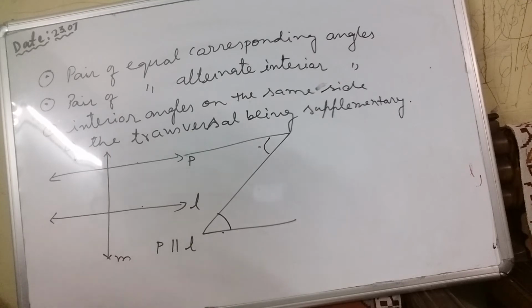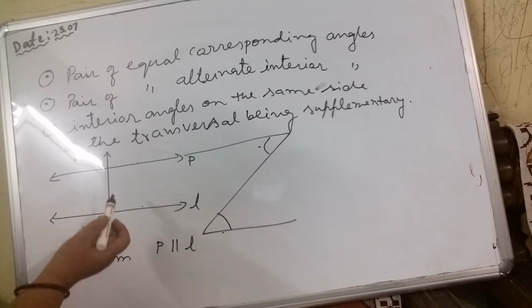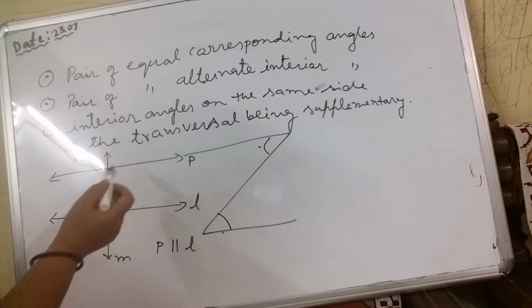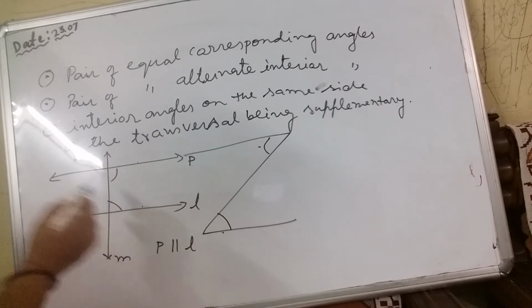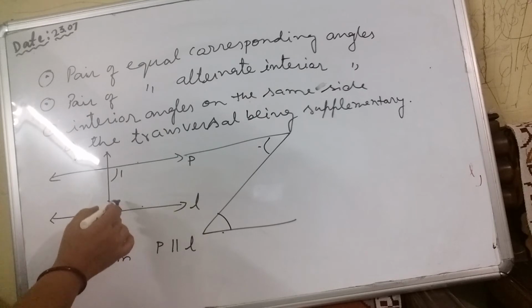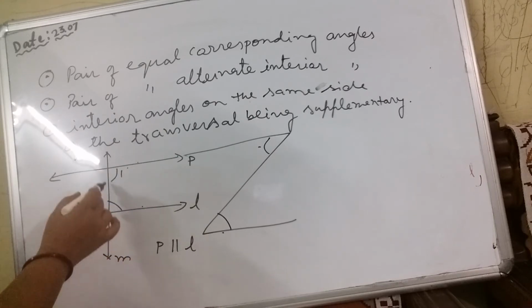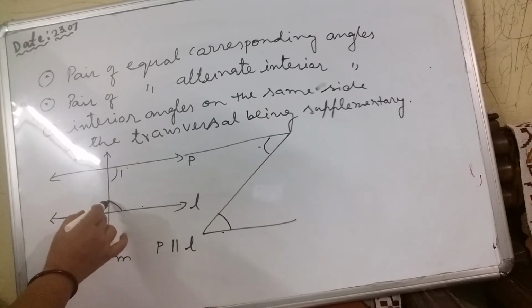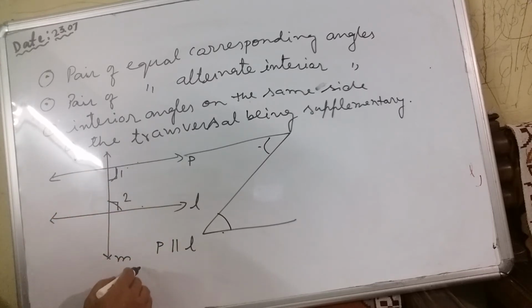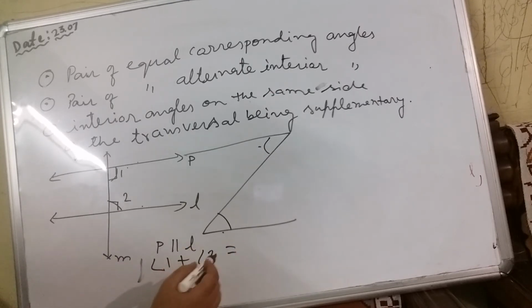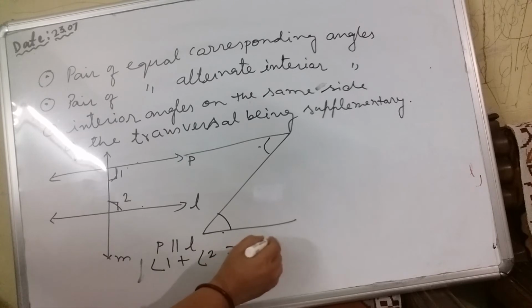How? You draw P such that this angle is 90 degrees, and this is also perpendicular, so this is also 90 degrees. So angle 1 plus angle 2 equals 180 degrees.